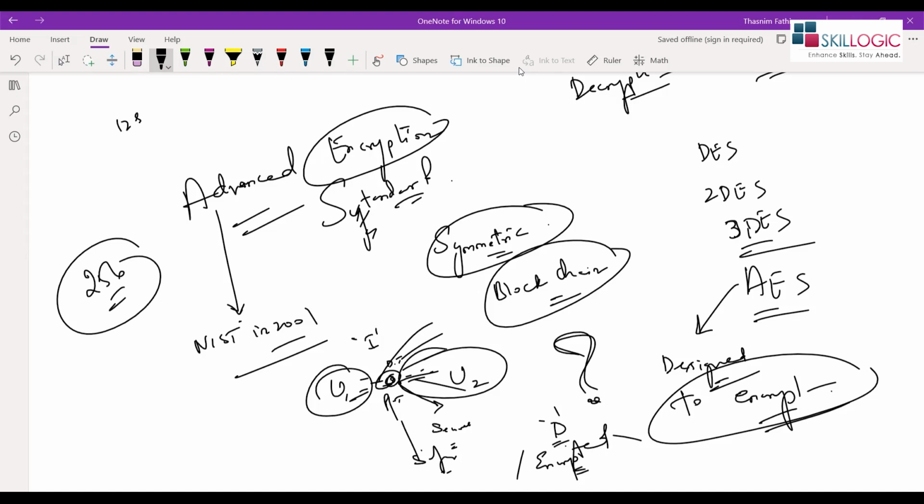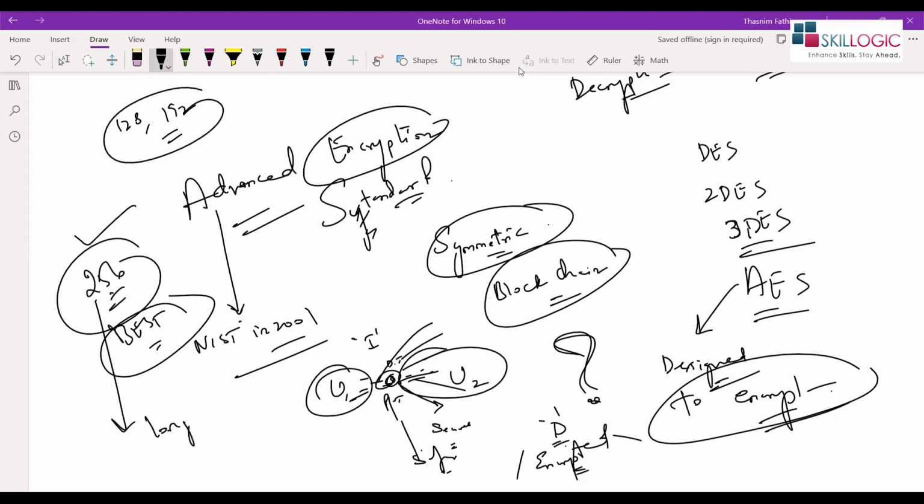We can deal with 128, 192, and 256 bits; we have different key lengths. It's one of the best encryption standards in today's era, recognized and recommended by the US government. The 256-bit keys are the longest keys allowed by AES.